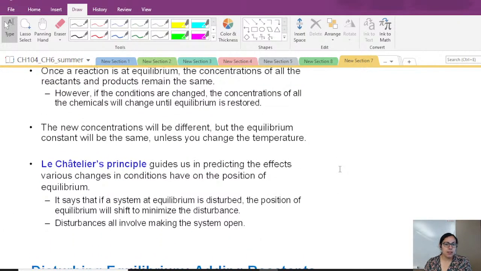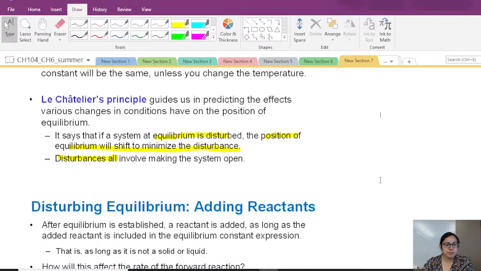And so basically, if you have a system at equilibrium, then it's going to shift to minimize the disturbance. So again, we'll look at what that means. And obviously, if you disturb the system, you make the system open and introduce a new factor. So then it has to re-establish equilibrium.